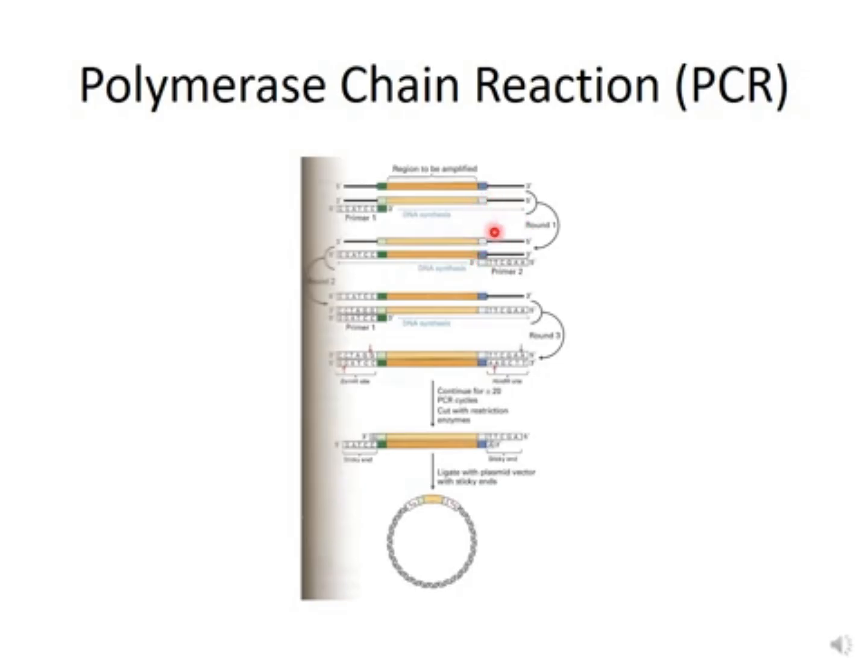Once they anneal, DNA polymerase is going to bind to the primer and extend it, and it's going to bind to the other primer and extend it, and that way we are going to have extracted the sequence that we are interested in. This sequence is amplified over many PCR cycles.